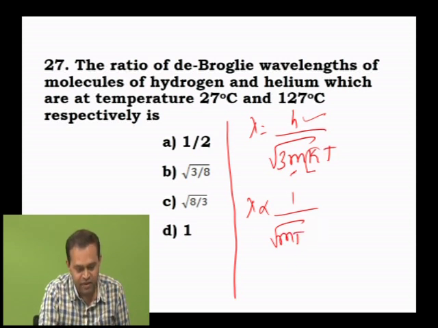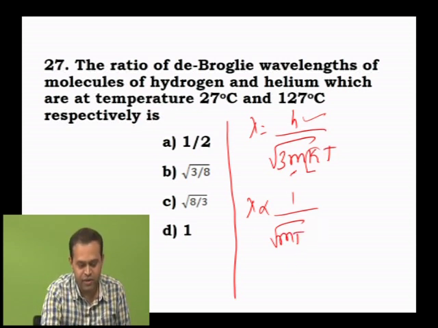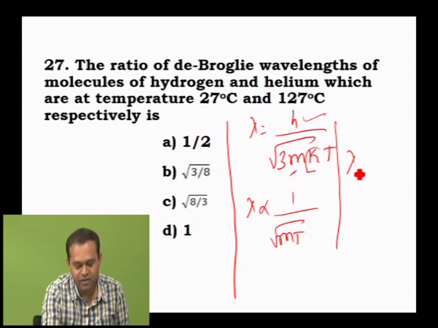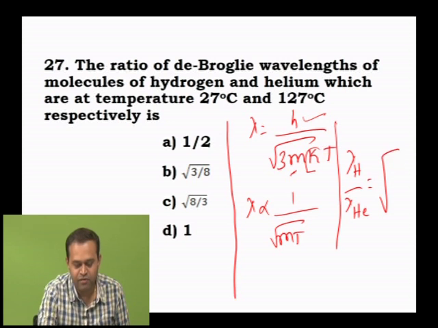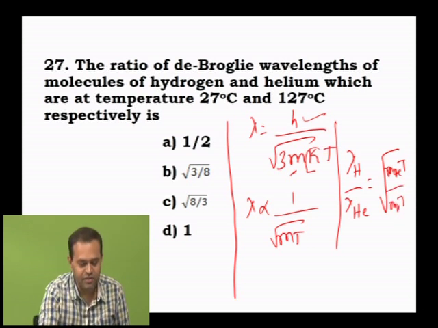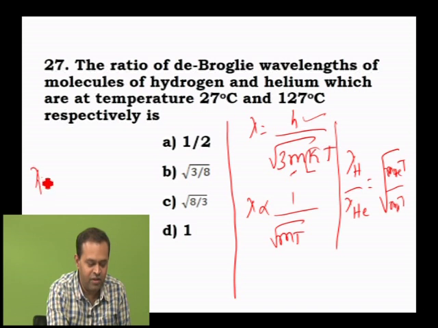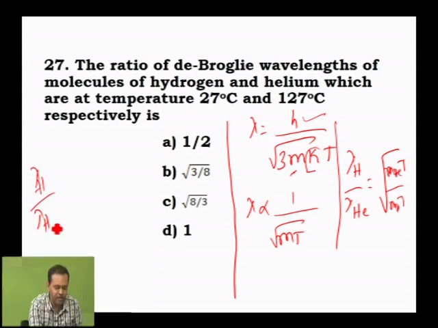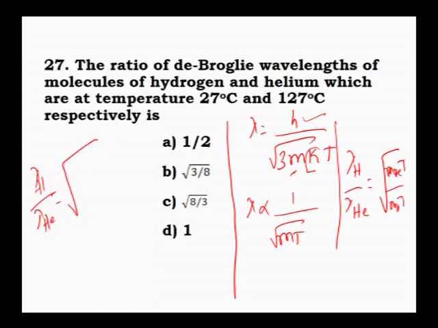Now you have to take the ratio. Wavelength of hydrogen to helium. Therefore wavelength of hydrogen to wavelength of helium is equal to root of mass of helium into corresponding temperature divided by mass of hydrogen into its temperature. Substituting, helium mass will be 4 times mp, correct?